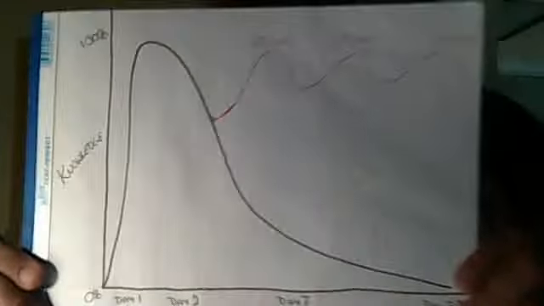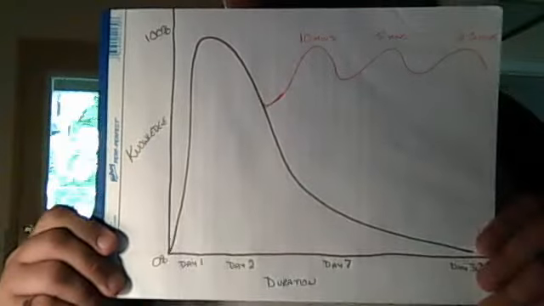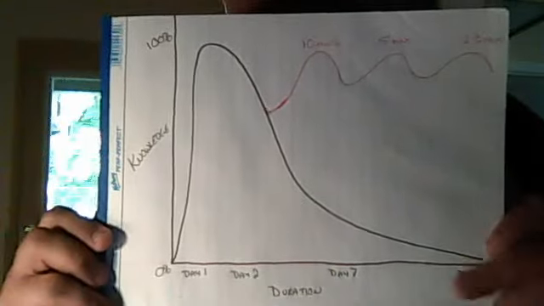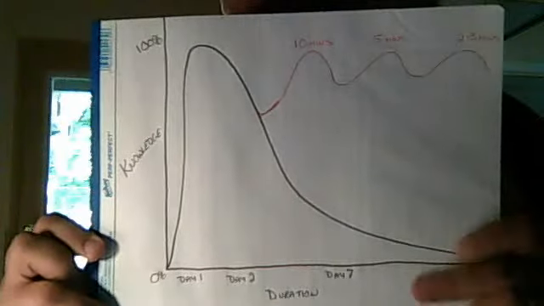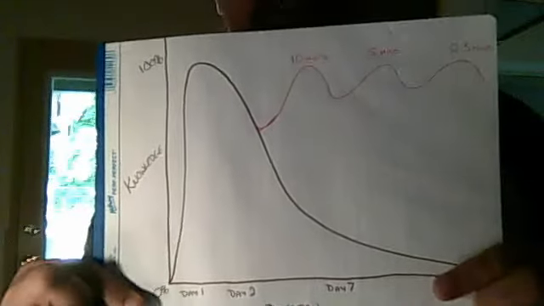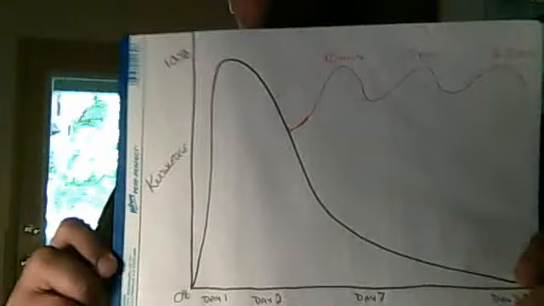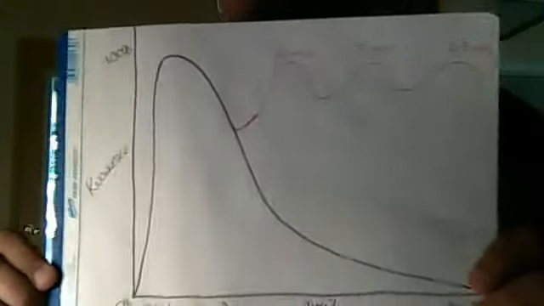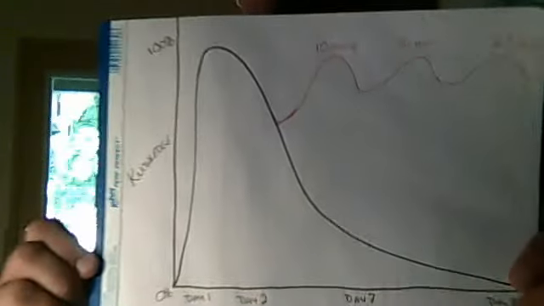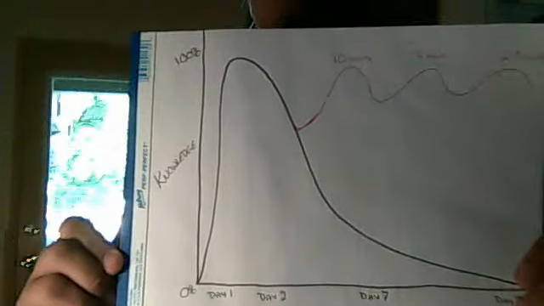So what I want people to look at here, I'll see if I can hold this up in the right way that's helpful for you guys. On the bottom we have duration, from day one all the way to day 30.